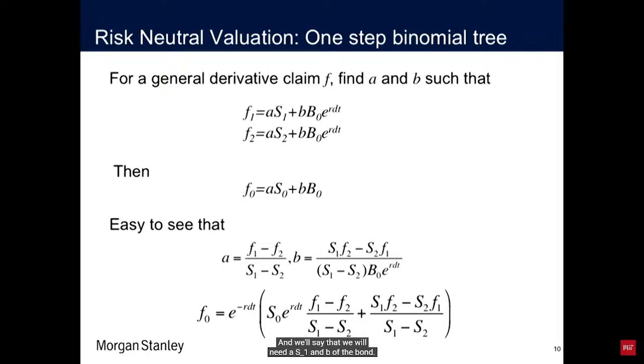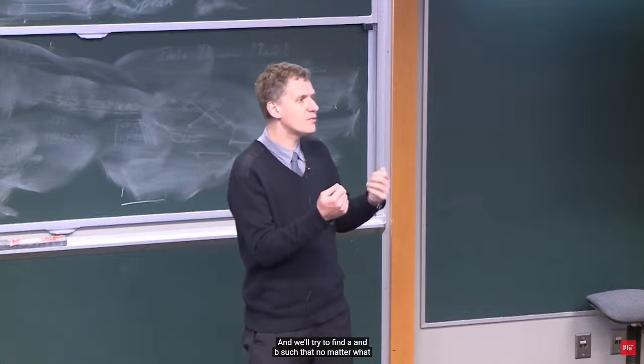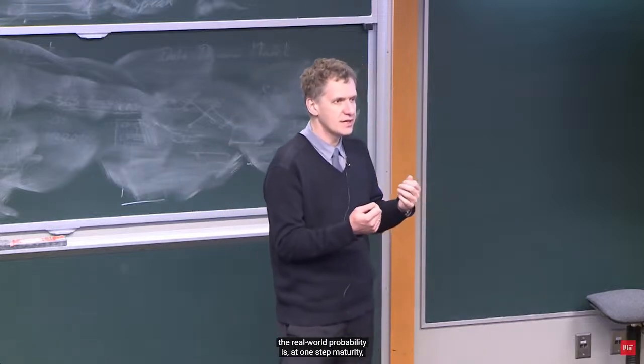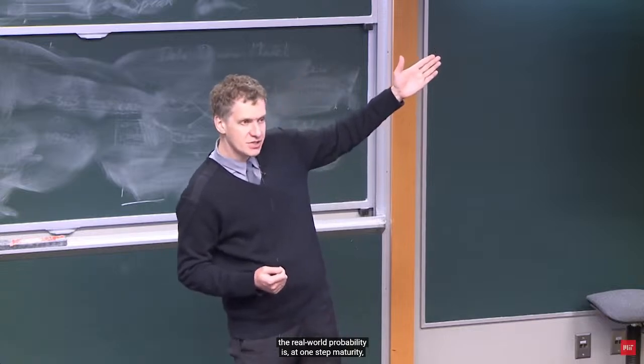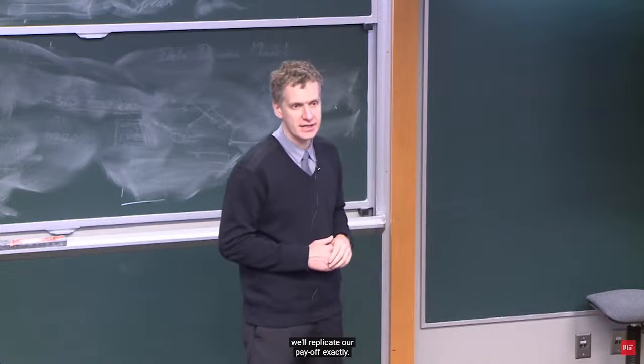We'll say that we will need A of S1 and B of the bond, right? And we'll try to find A and B such that, no matter what the real world probability is, at one-step maturity we will replicate our payoff exactly.